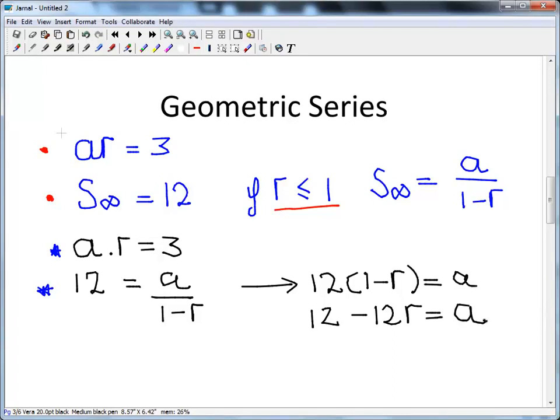What we can do is substitute one of the values into the other expression. From the first one, r is 3 divided by a.